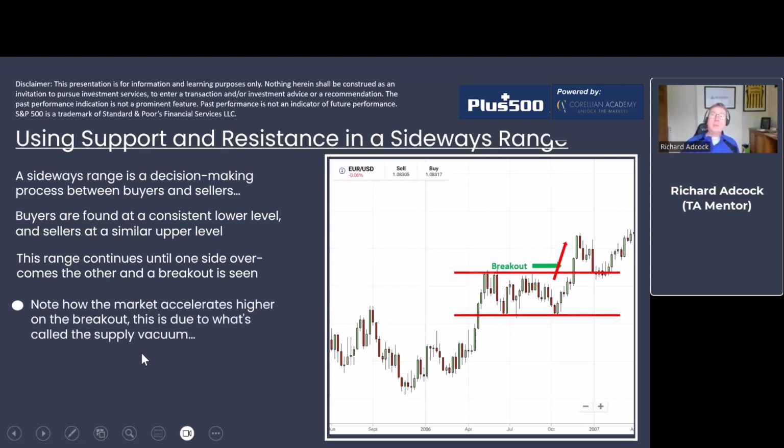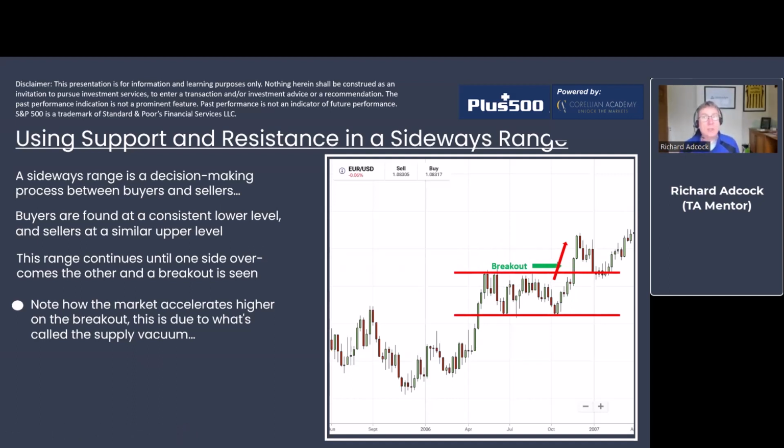Now, note how the market accelerates higher once we start to see a breakout developing. This is because of something called the supply vacuum, and this simply means an area where there are no offers within the market.